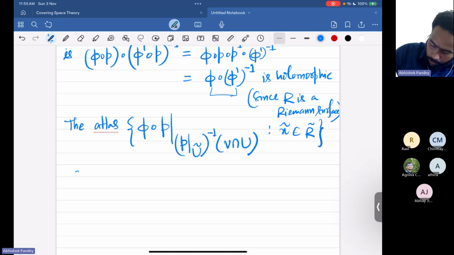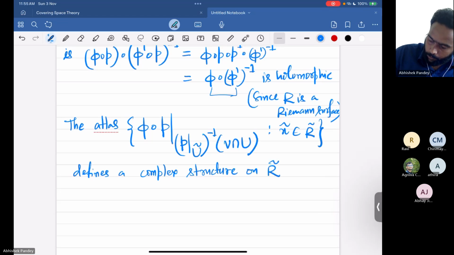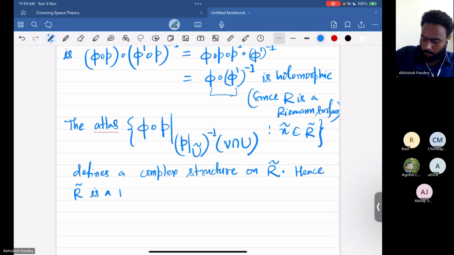So this defines a complex structure on R tilde. Okay, so hence R tilde is a Riemann surface.